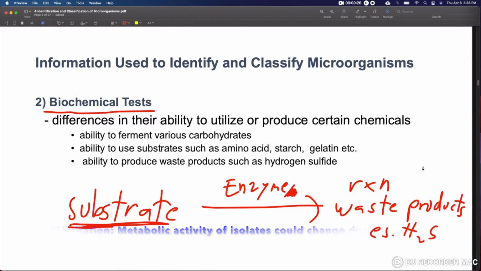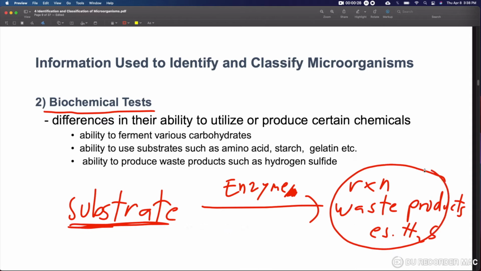So basically, in biochemical tests, we're looking at the waste product, the reaction, the change in color, the formation of gas bubbles, the formation of lactic acid, for example, the production of certain chemicals. We're looking at certain changes in the reaction tube to see if that microorganism has a positive or a negative reaction for a certain substrate, if they can utilize it or not. Okay? So that's your biochemical tests.